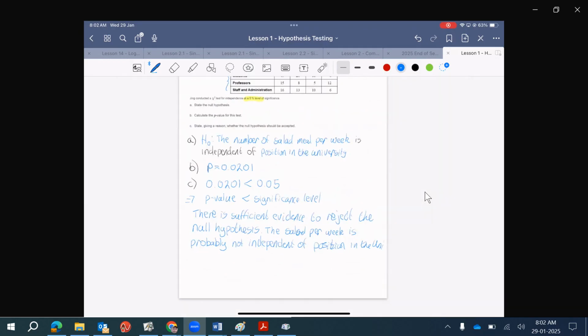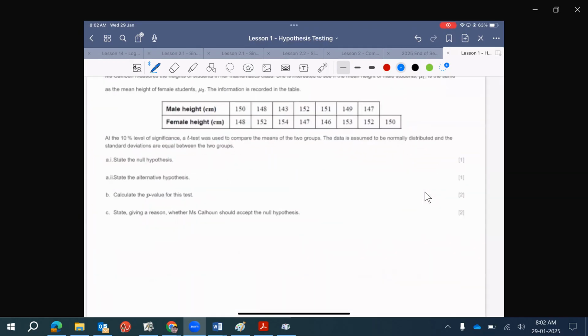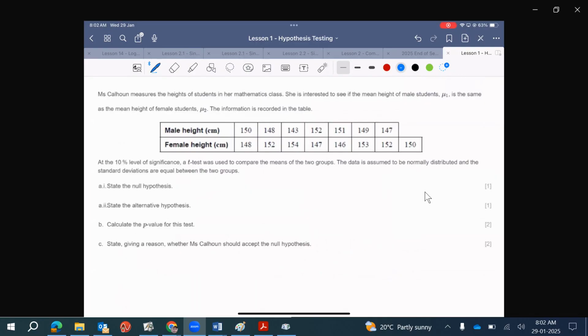Okay, let's have a go now at this one. Ms. Calhoun measures the heights of students in her math class. She is interested to see if the mean height of the male students, mu1, is the same as the population mean height of the female students, mu2.